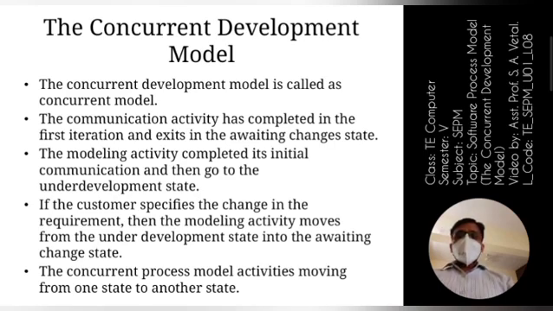But in today's lecture, we are going to discuss a somewhat different kind of development model, and that model is nothing but the concurrent development model. Now you may ask how it is different from the other models.